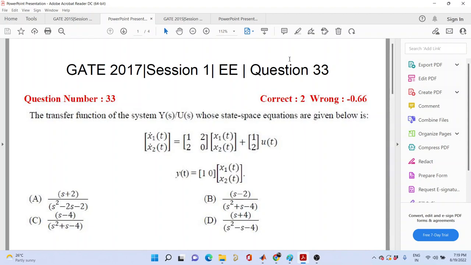In that case you are getting positive only, right? That means the system is stable, sir. Yeah, so here I am getting negative, right? What is the determinant over here? Determinant here we get minus 4, sir. Minus 4, right? So in the complex conjugate case we always get positive.